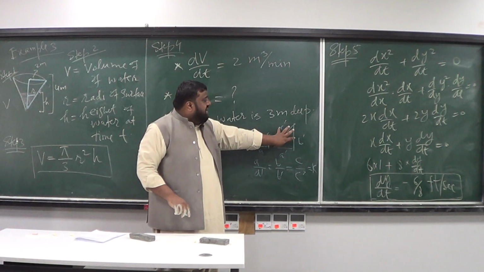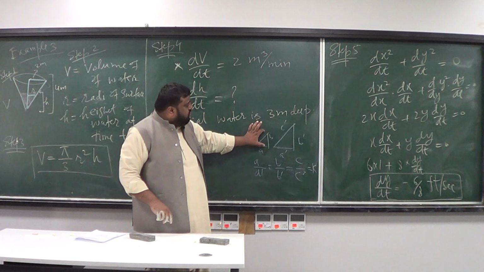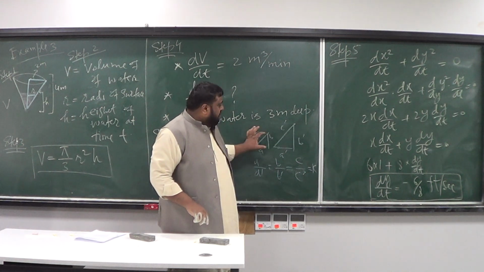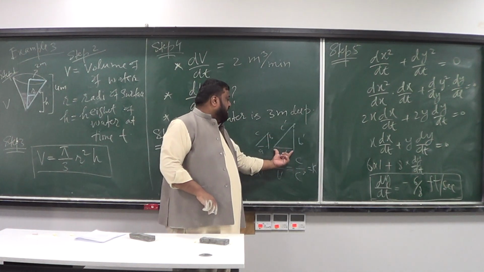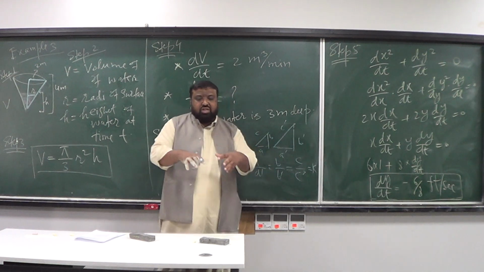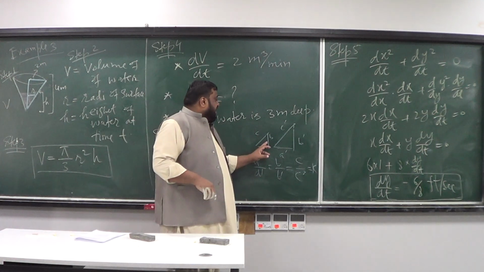So this triangle is a zoomed version of this. When the version is zoomed, then the line becomes this much bigger. So this has a length and this has a length. And this line becomes this line, and this line becomes this line. But since you are zooming in the picture, the rate is the same.